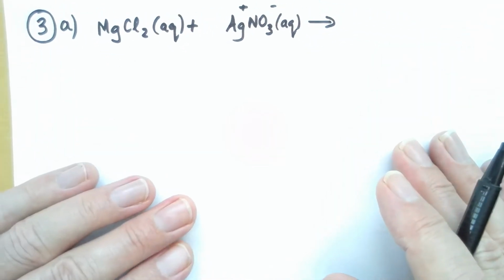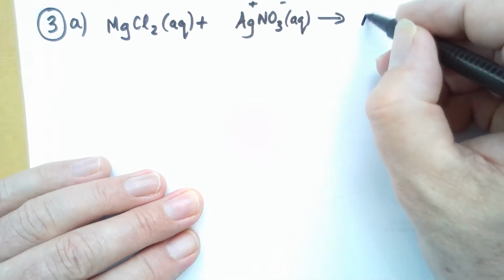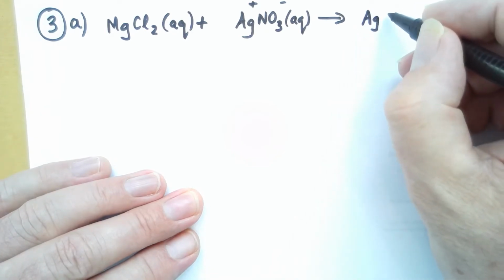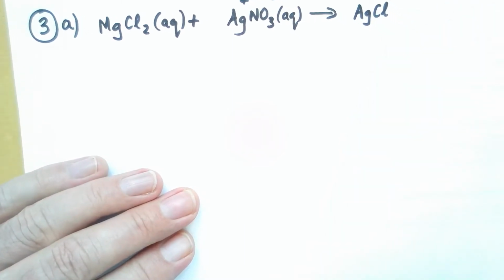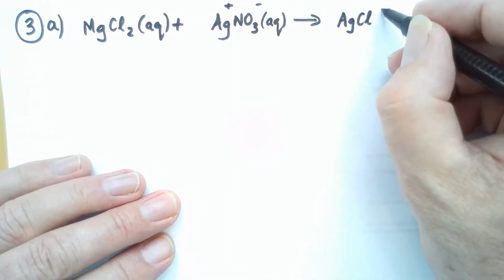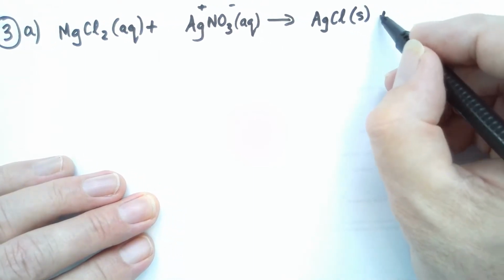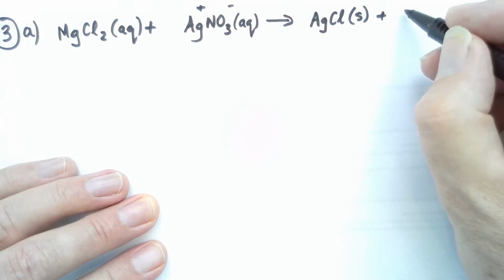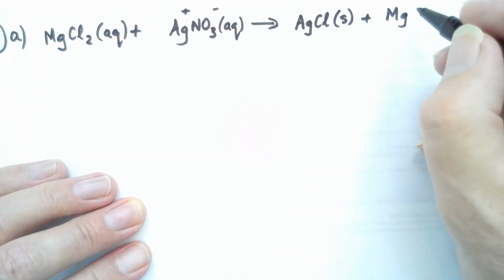Reacting. So what are they going to make? Well, we get a precipitate of silver chloride, AgCl. It's a precipitate, so we can say that's a solid. And then the other two ions are left in solution. We've got magnesium, which will be 2+.